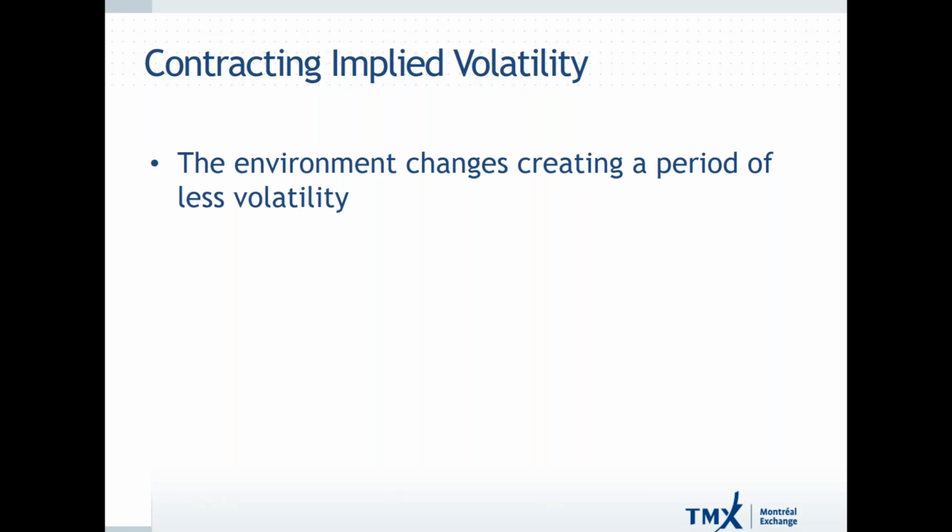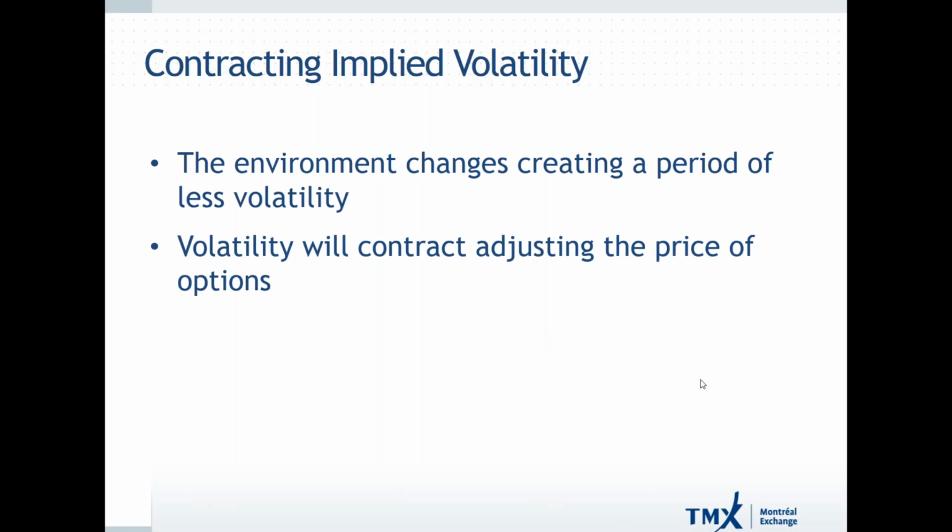And so sometimes people are caught off guard where they are buying options when implied volatility is high, and then they fail to recognize that when the environment changes again and there's a decrease of implied volatility, we get what we would refer to as a contraction.